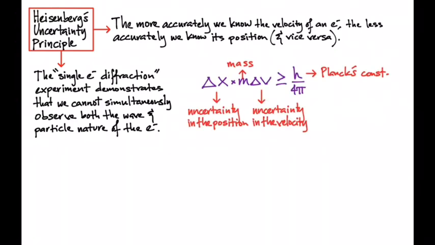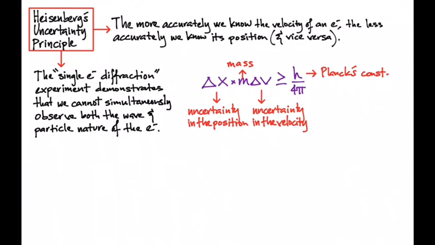And this is shown mathematically using this equation: delta x times the mass of the electron times delta v is greater than or equal to h divided by 4 pi, where h is Planck's constant, delta v is the uncertainty in the velocity, and delta x is the uncertainty in the position. Based on this equation, delta x is inversely proportional to delta v. What that means is that as the uncertainty in the position increases, delta v decreases.